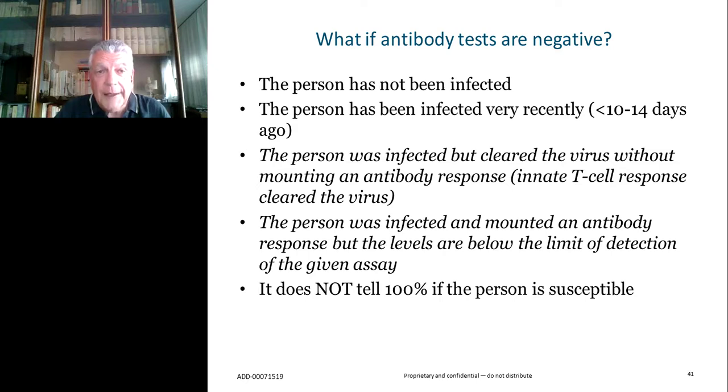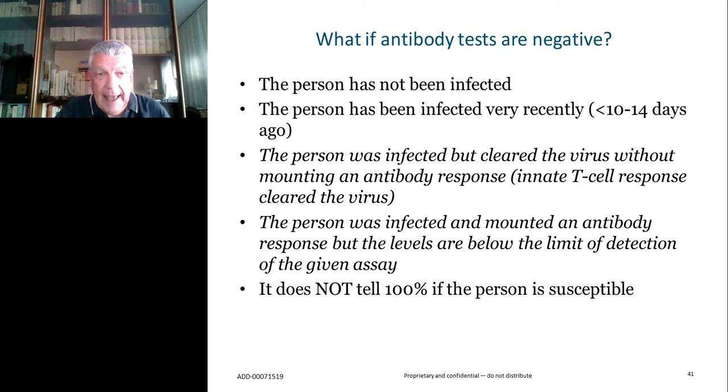Then you may consider also the fact that many people will encounter the virus and clear the virus just by the innate T-cell response. So in this instance, antibodies will not be raised, and the person will not be detected by simple antibody testing. It encountered the virus, did not get the disease, resolved the infection just by natural immunity.